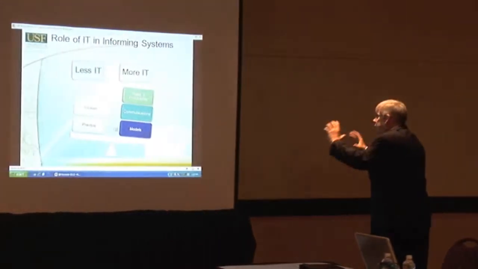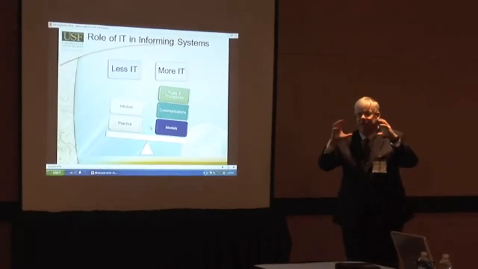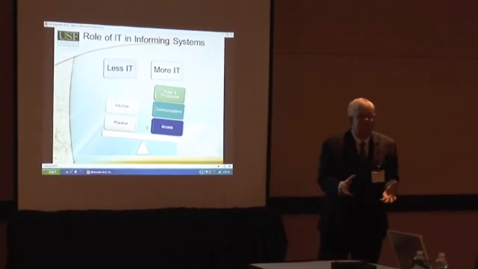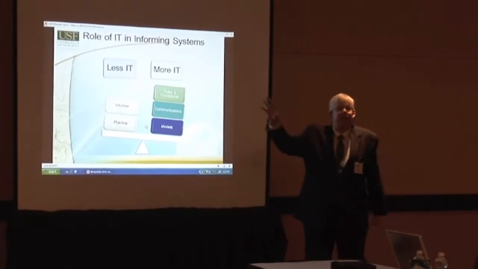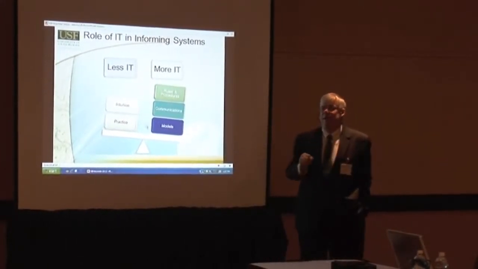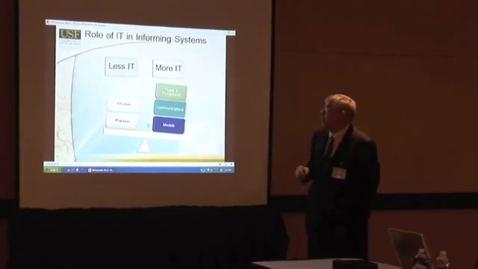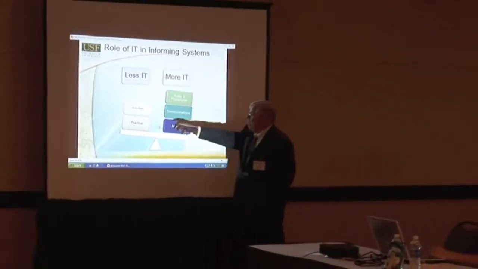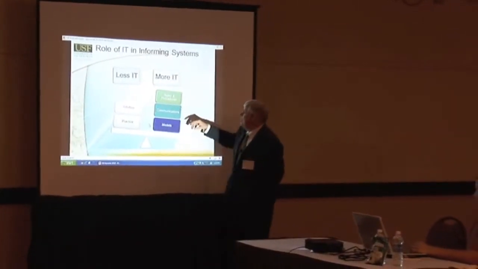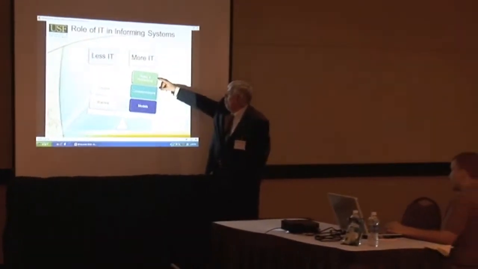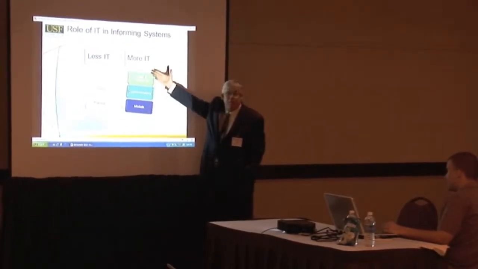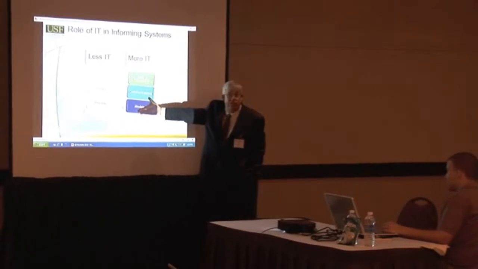We reduce the cost of symbolic processing, which means it becomes cheaper to move things into the problem space than to leave them in the experience zone. So we end up having to rely less on intuition and practice and more on rules and procedures, communications, and models, because IT makes these cheaper.